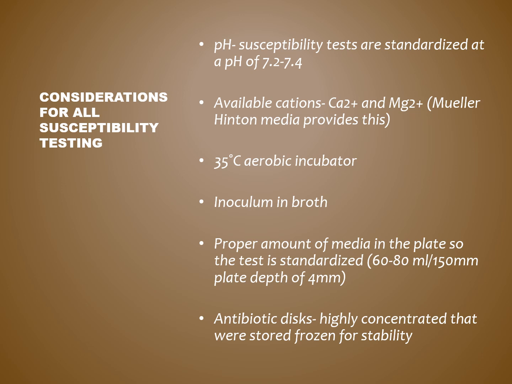We want our inoculum in broth, set to a 0.5 McFarland standard. We want the proper amount of media in the plate. Usually we use the big plates, and we want about 60 to 80 mL of agar at a depth of about 4 millimeters. And then we want our antibiotic discs, which are usually frozen until we're ready to use them, and our working supply is refrigerated.